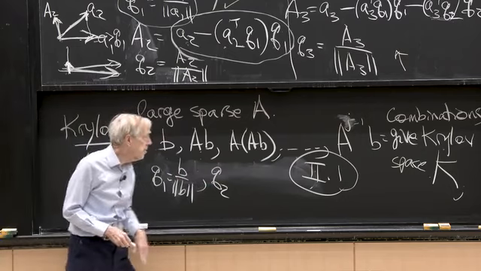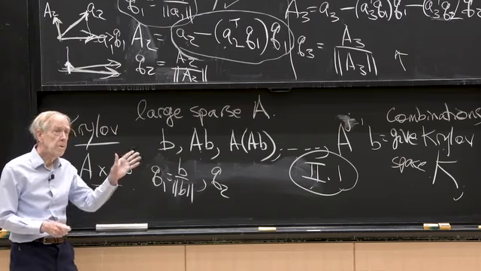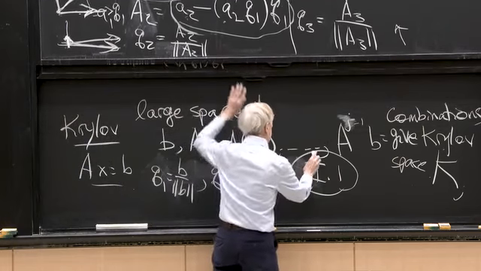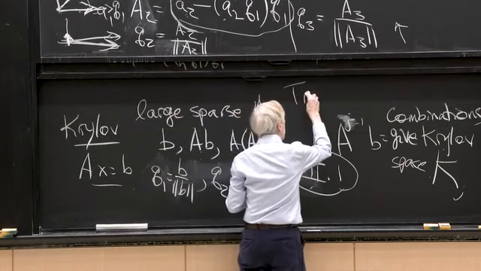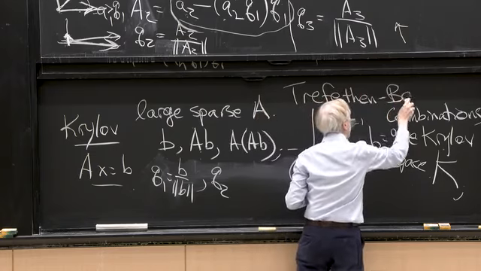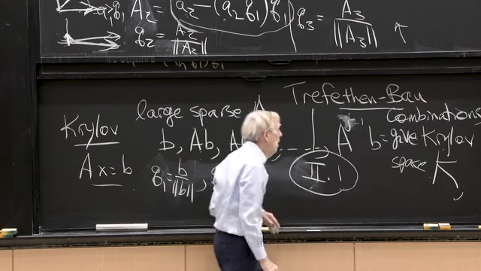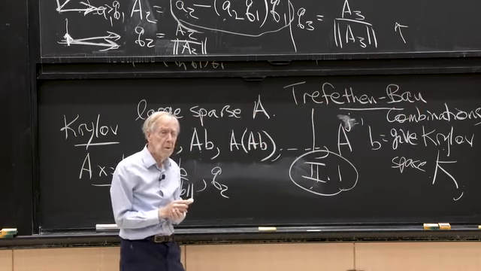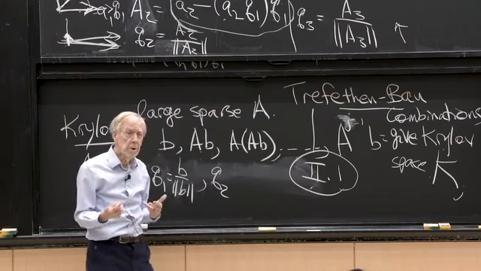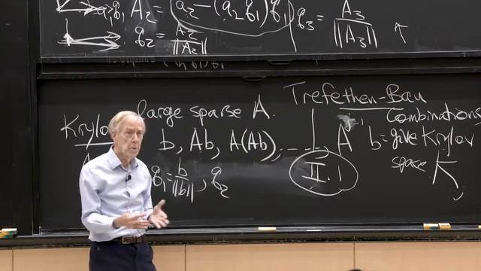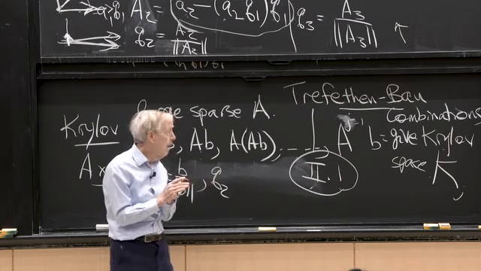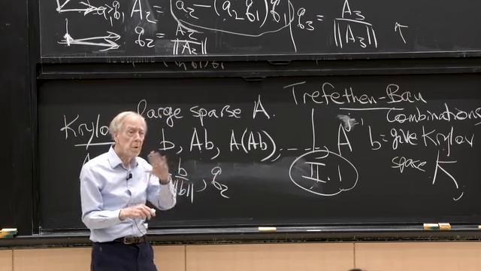And so that section 2.1 summarizes what's in a lot of really good textbooks, and let me mention a favorite, a book by Trefethen and Bau. This is maybe a moment to tell you about two books on classical numerical linear algebra, what you do for matrices of order 1,000, not for matrices of order millions. That's what you have to rethink.